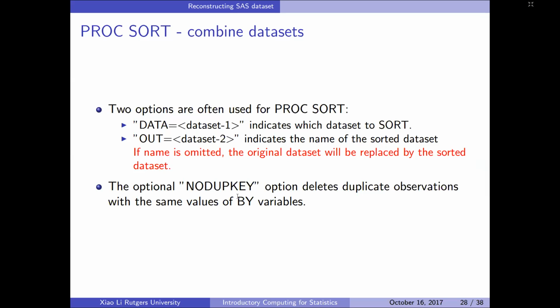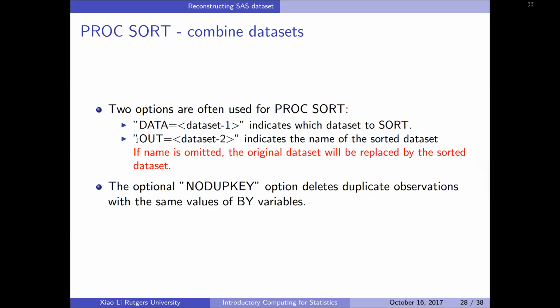Two options are often used for the sort procedure. The data equals option indicates which data set to sort. The out option indicates the name of the sorted data set. If the name is omitted, the original data set will be replaced by the sorted one.